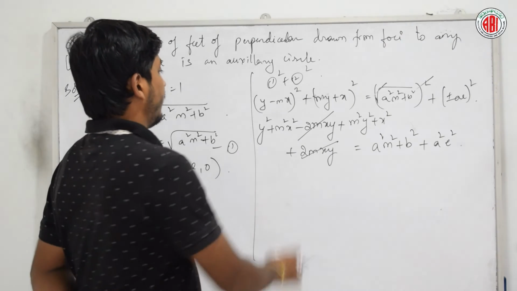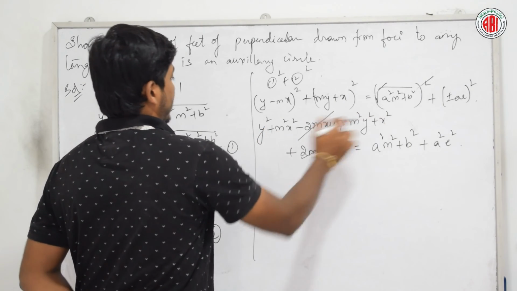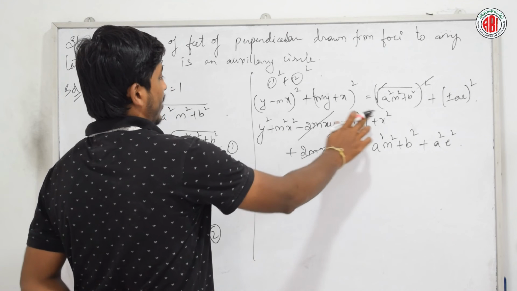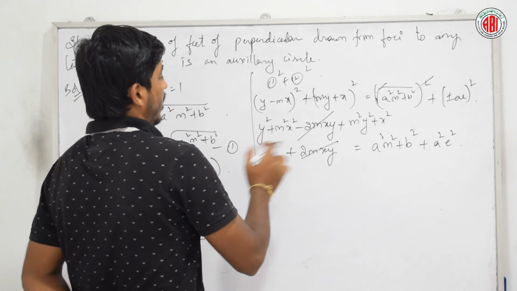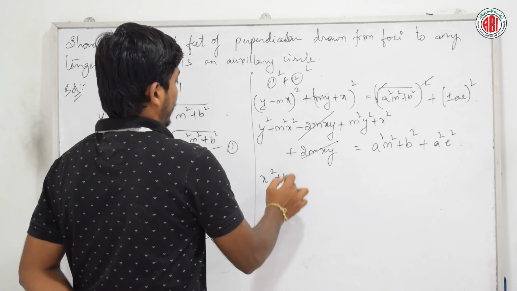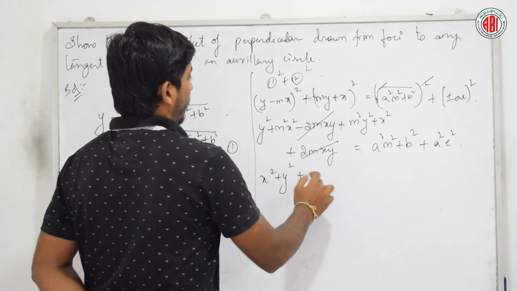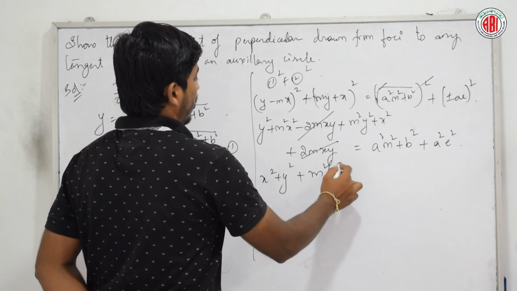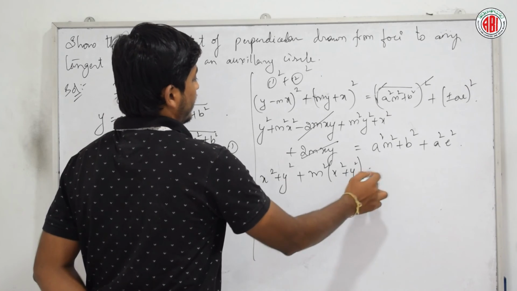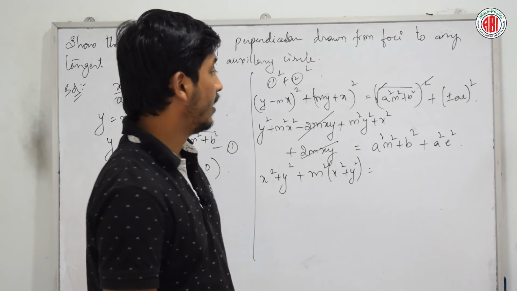And what is left here? y square plus x square, m square x square plus m square y square. If I take x square plus y square to one side, and take m square common, I will be left with x square plus y square. Is it?